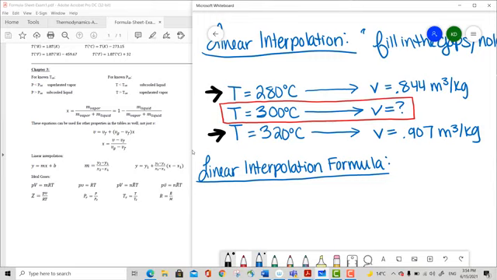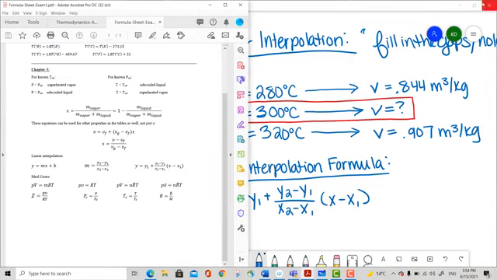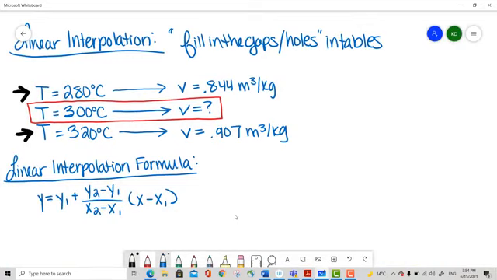Then it becomes very easy to just plug in your numbers without having to think, what's my y and what's my x. So that's our formula. Let me just make this bigger now.